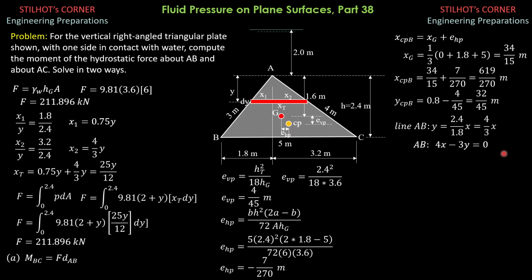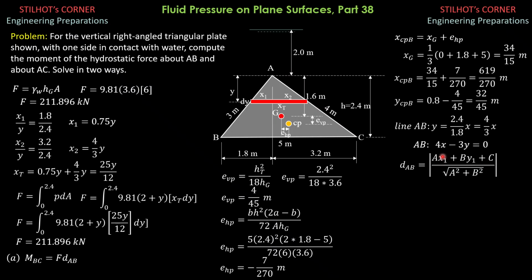The distance formula is the absolute value of ax1 plus by1 plus c over the square root of a squared plus b squared. And the square root of a squared plus b squared is 5 meters, because the square root of 4 squared plus 3 squared is 5. We just treat that as 5. So absolute value.